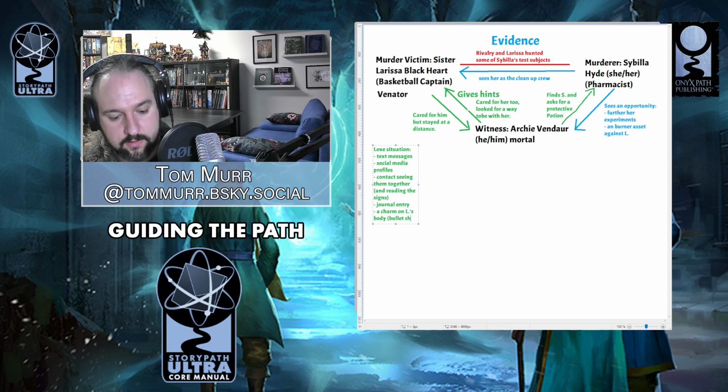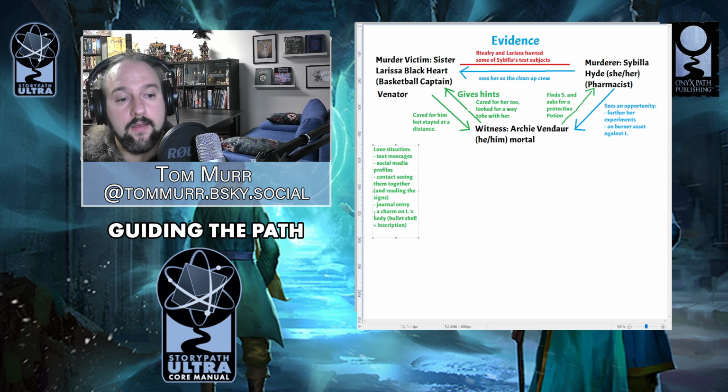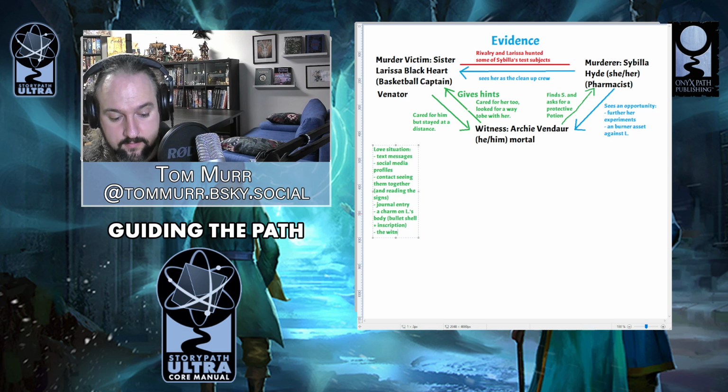Bullet shell plus inscription. Archie himself can tell this. I think these are already a lot of good ideas.